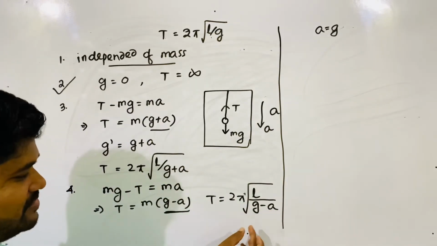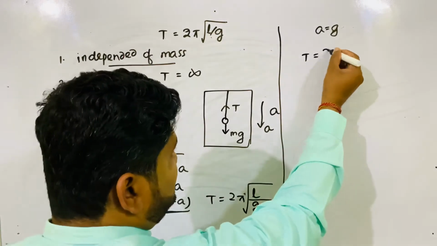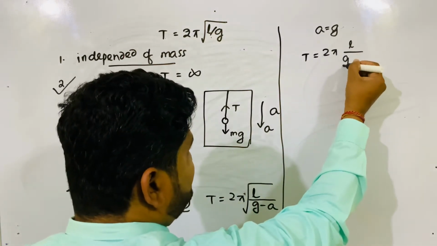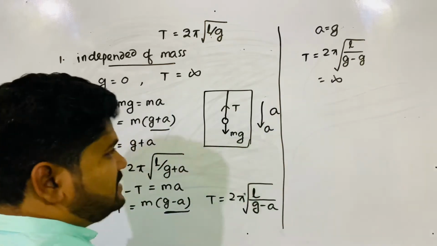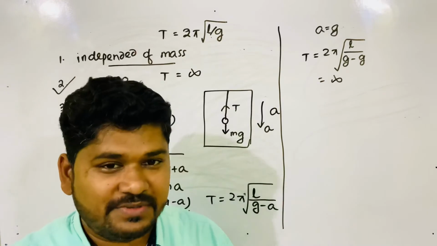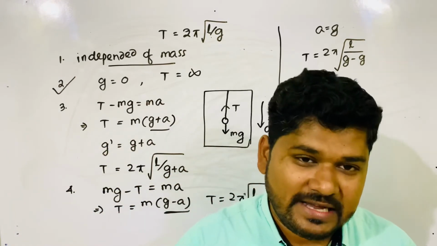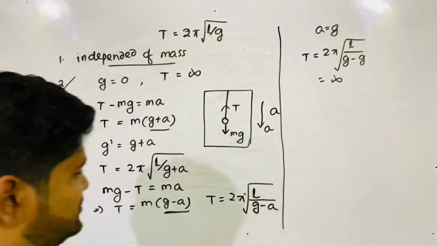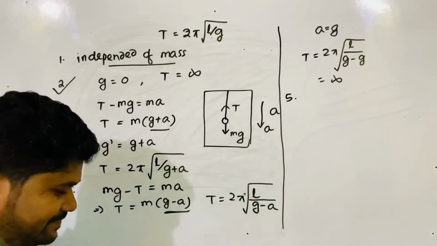If the acceleration is equal to g, then g minus g. See here, what is the time period? 2 pi root over L by (g minus g), so it is 0 in the denominator, then infinite. I have already told you this concept just before, that inside a freely falling lift, the time period is infinite. So this is the lift.